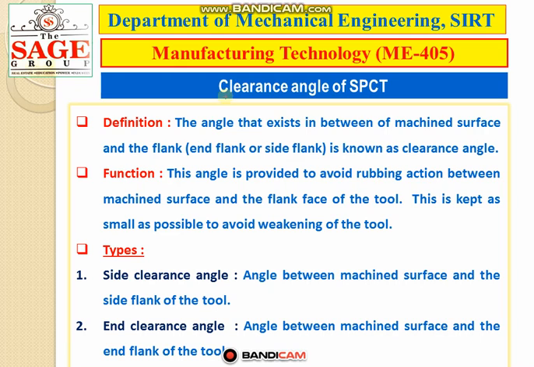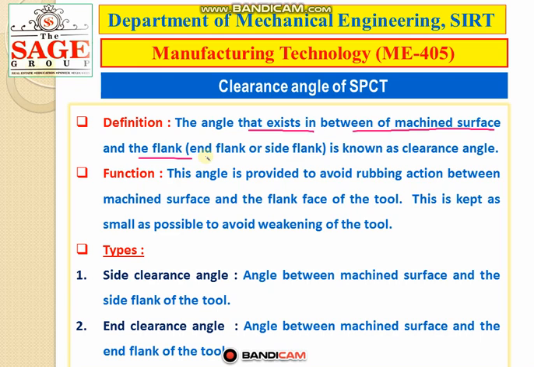After rake angle, then clearance angle of the single point cutting tool. What is clearance angle, what is the function of clearance angle and why is this angle provided to the cutting tool? The definition: this is the angle that exists between the machined surface and the flank.